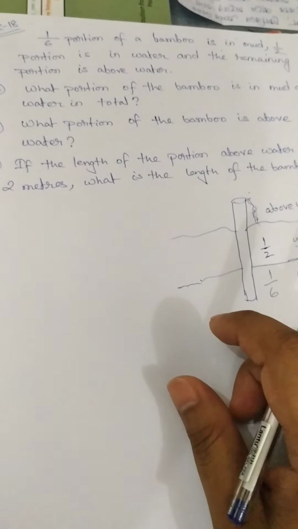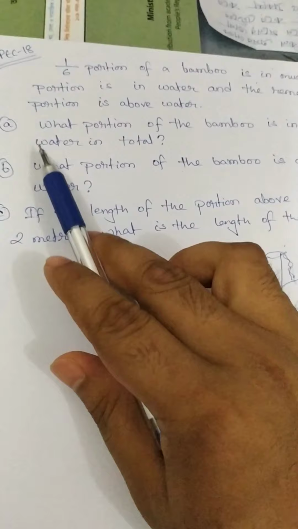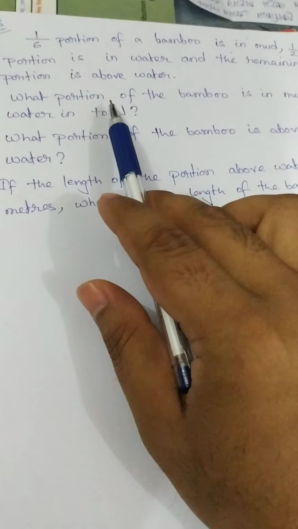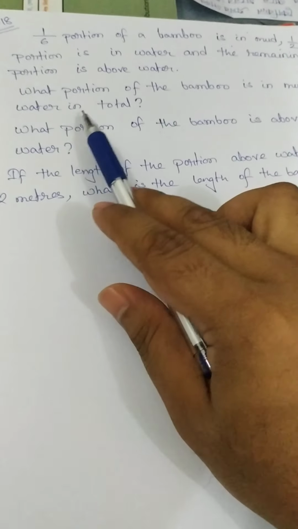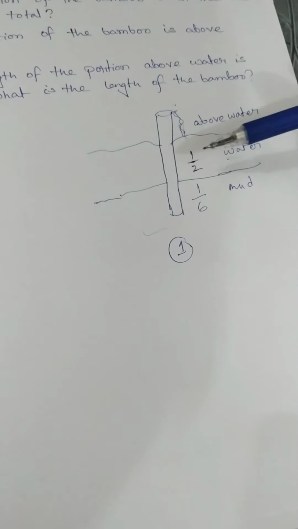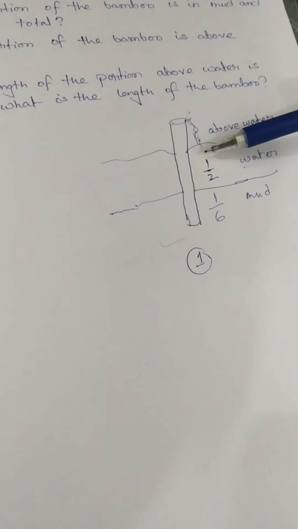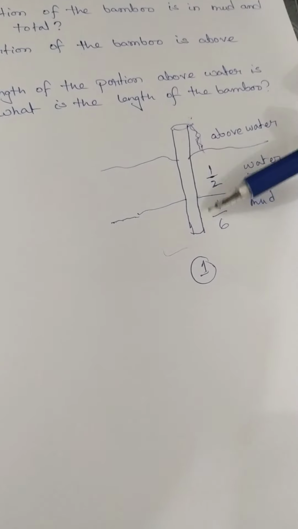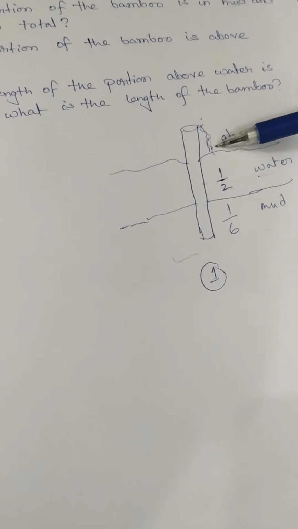So the first question was what portion of the bamboo is in mud and water in total. It's given already: 1/2 portion is in water, 1/6 portion is in mud. You just need to add both of them, right?